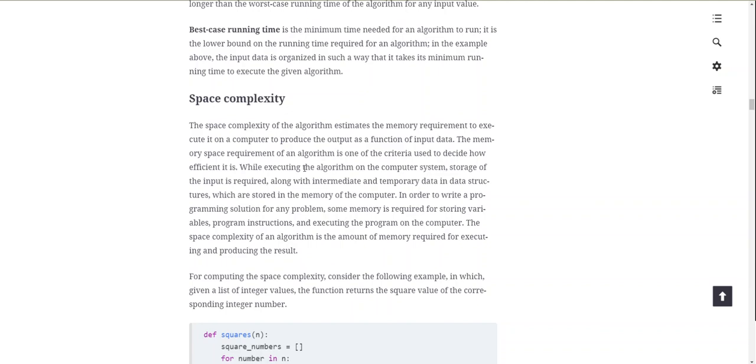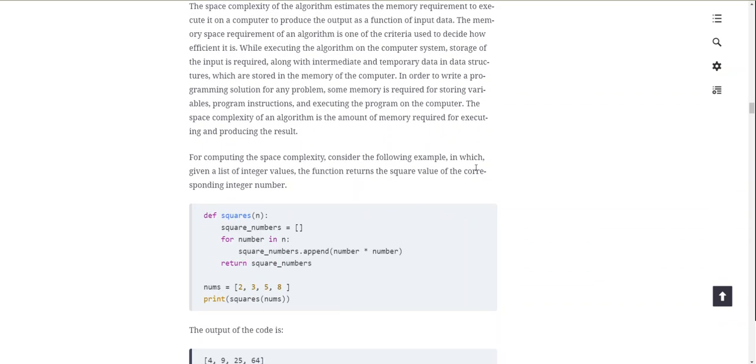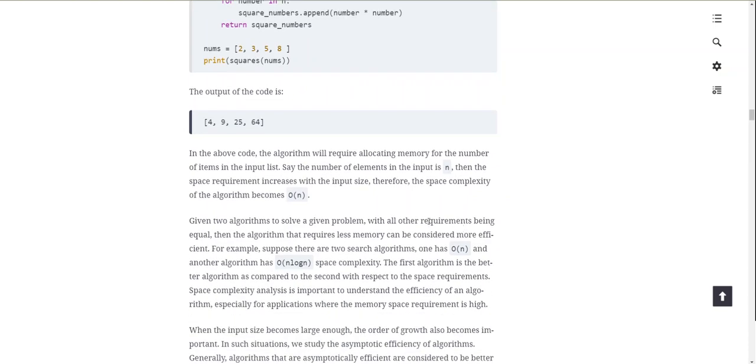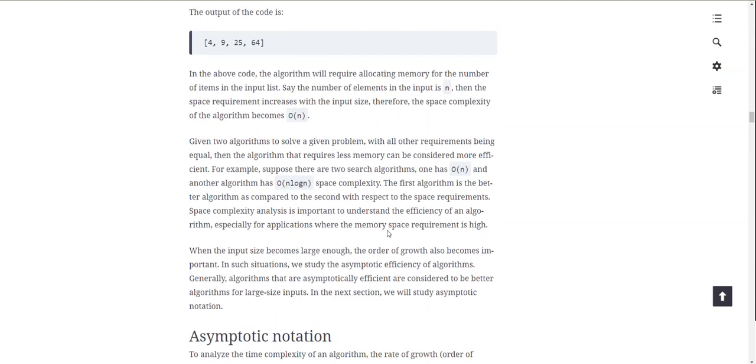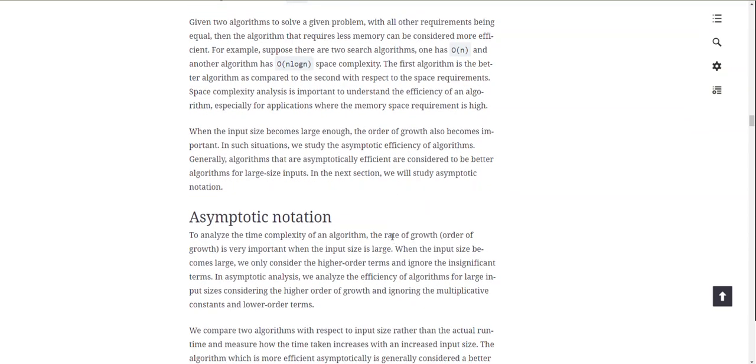So space complexity is a big deal. So we look at space complexity the same way. We're not going to focus on the space complexity in this. We're going to focus more on the time complexity.